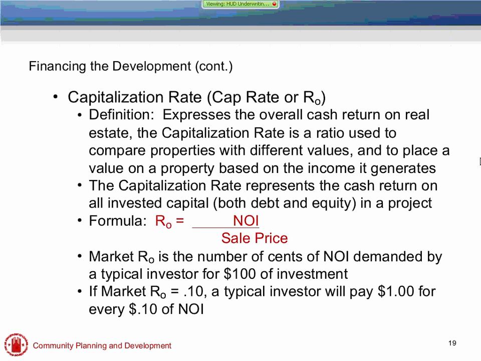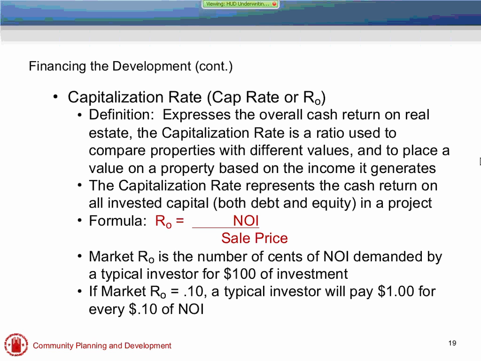Okay. Another concept that's important in figuring out the financing for a rental housing project is the concept of capitalization rates. You'll hear people sometimes refer to them as cap rates, and you'll see capitalization rates symbolized as R sub O. What this represents is the overall cash return on a rental property.